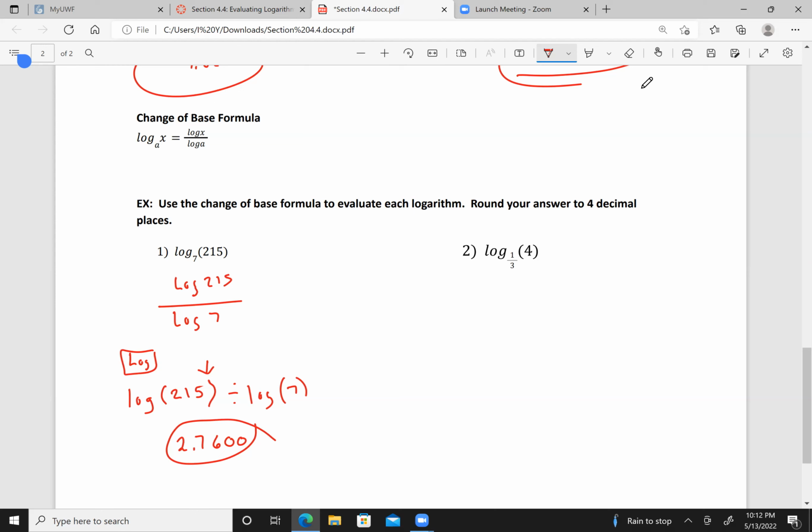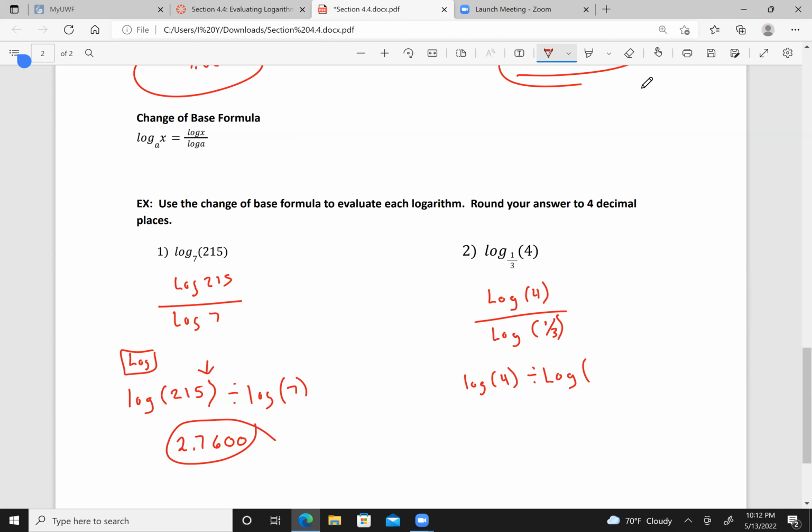Same thing here, same process. Log of 4 over the log of 1/3. Now again, hit your log button, close your parentheses, divided by log button. Now, I know what you're going to say, 1/3, 0.3333, whatever.